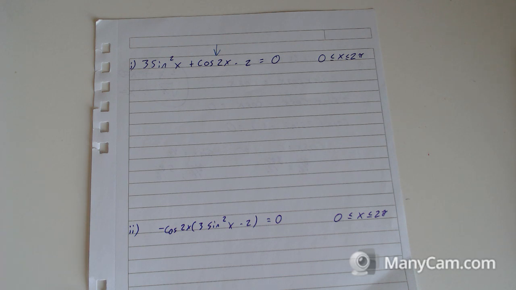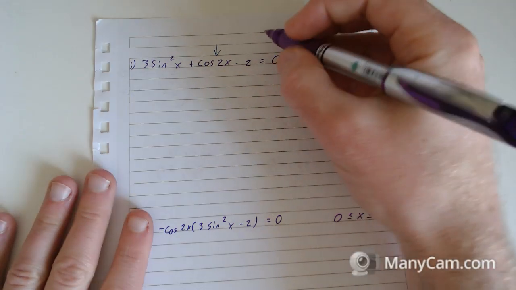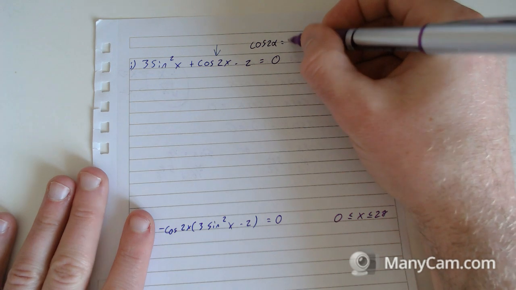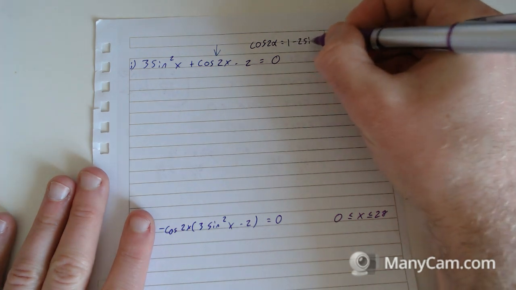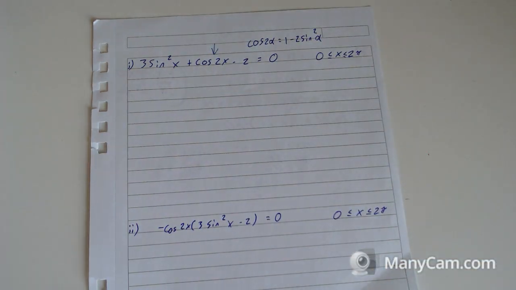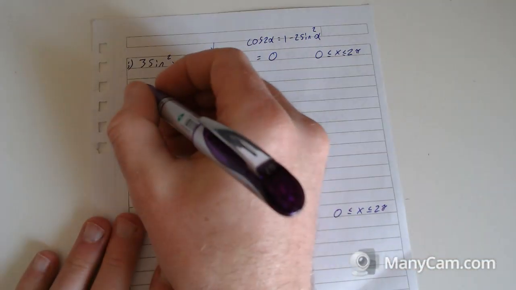So cos of 2, this is going to be that bottom identity that we used before. So we're going to be using this guy. Cos of 2 alpha is equal to 1 minus 2 sine squared alpha. We're going to be using that guy. So let's just rewrite it.